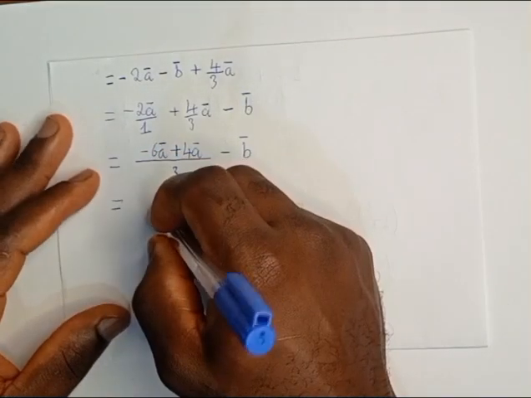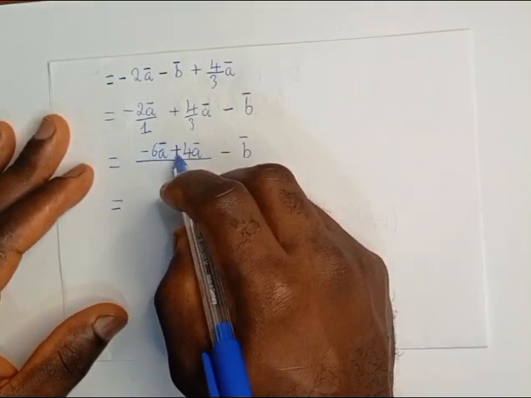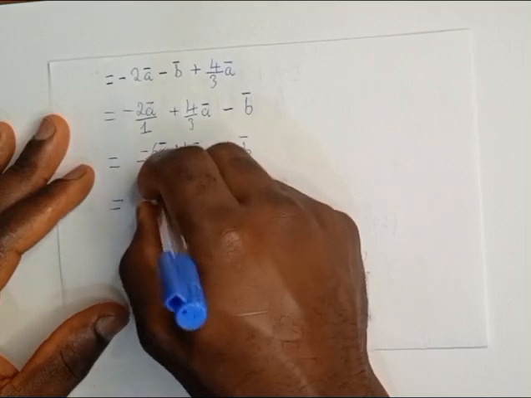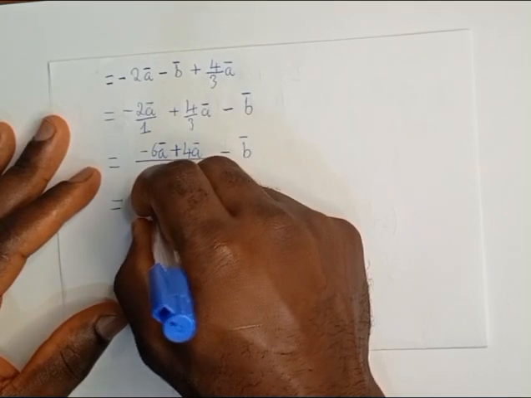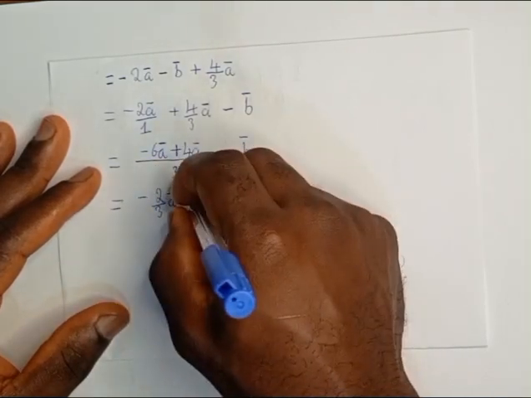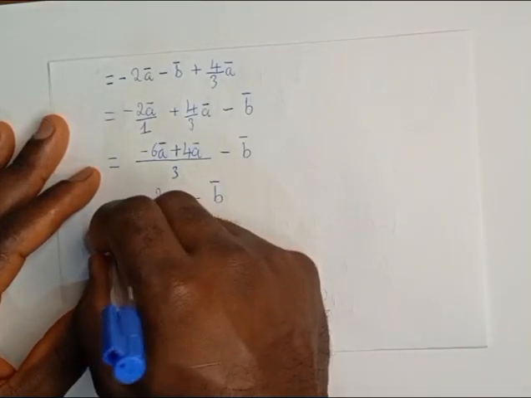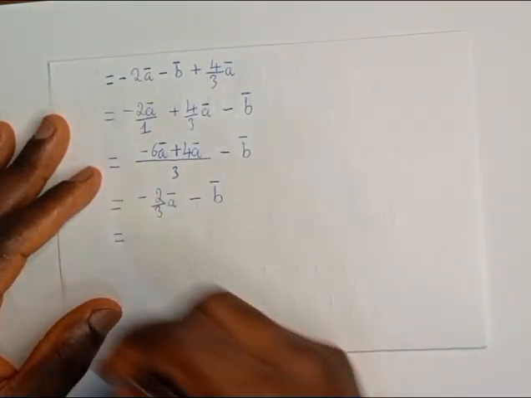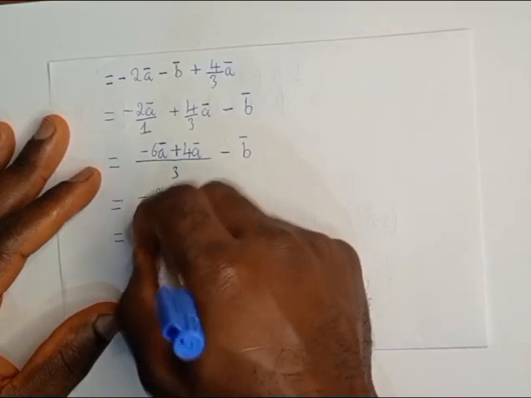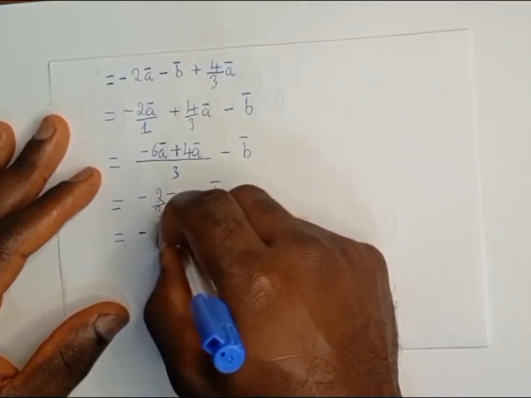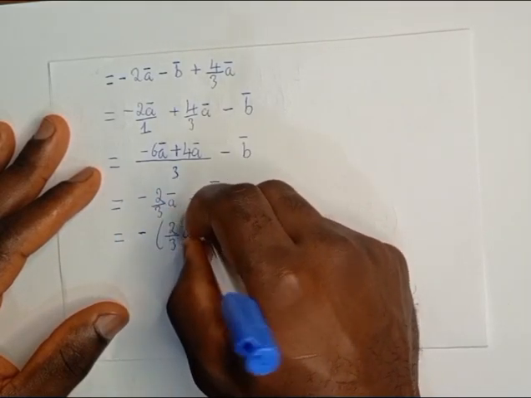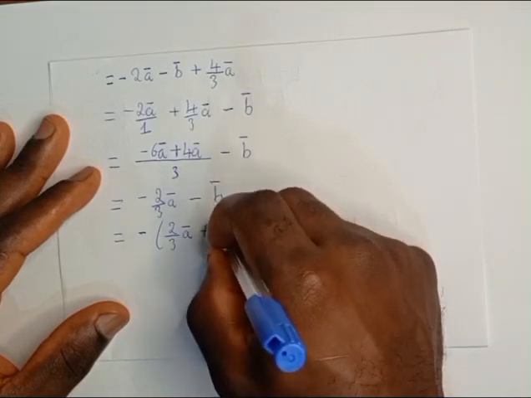This will be equal to negative 6A bar plus 4A bar gives us negative 2 on 3 A bar minus B bar. We can factor out the negative 1. This will give us negative 1 times 2 on 3 A bar plus B bar.